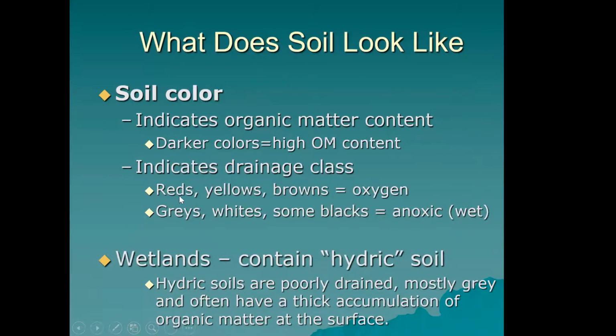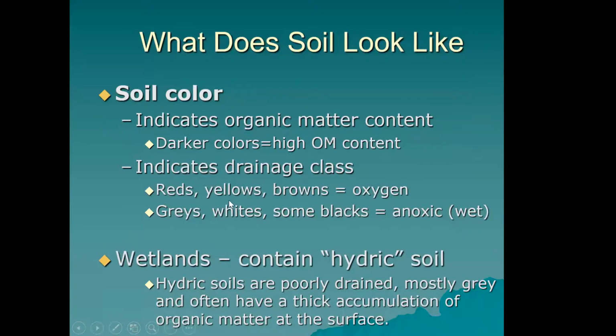If you see a soil that's basically all red, yellow, or brown, or some combination of those three, it usually means a dry soil that's full of oxygen. Reds and yellows and browns are usually types of iron oxide, or basically natural rust, and they form in dry soil. Where you see gray, white, or even some black splotches, that's usually a sign of a wet soil, what we call anoxic, a soil that is saturated for a good part of the year so that there is no oxygen present.